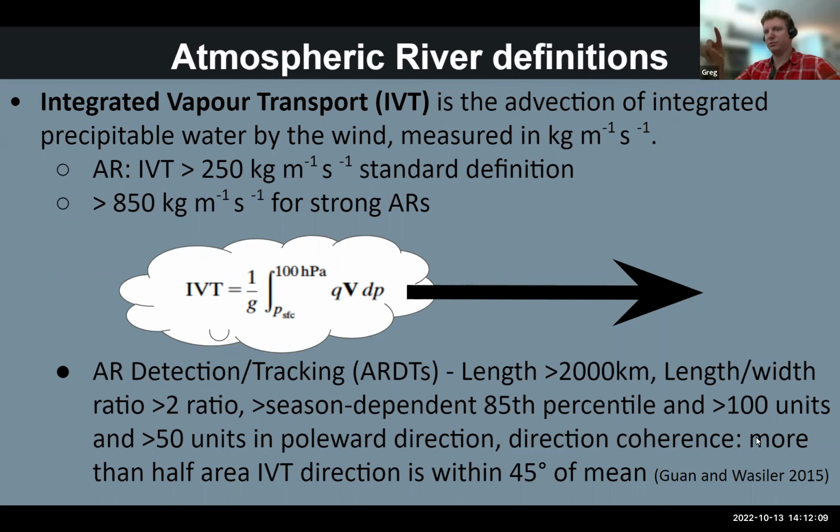So it can't be too meandering. It has to be more or less directed in a similar direction. So that's an example of one type of detection algorithm definition. And another thing that people talked about a lot this week is that if you're doing an AR study, you want to try out using several different ARDTs because your results might vary quite a bit depending on which algorithm you use.